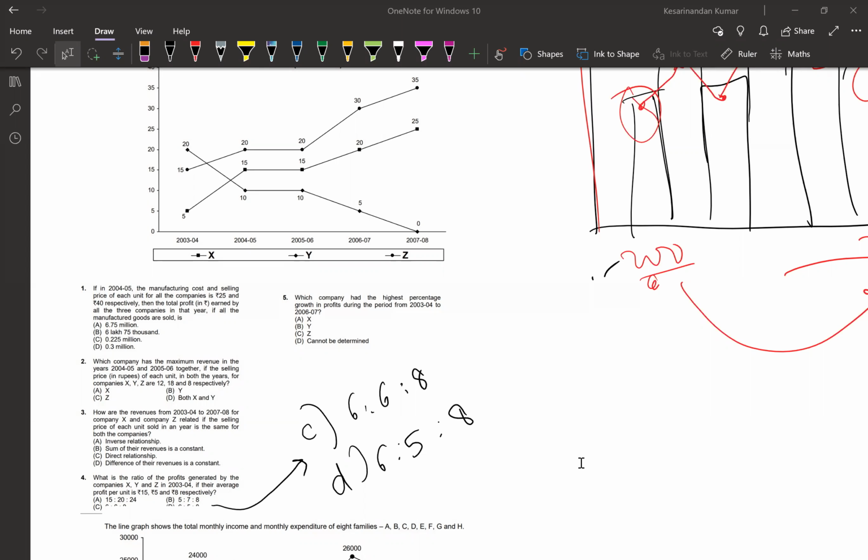If X is selling more, is Z selling more? Yes, exactly, indirectly, that's the thing. If I change the question to Y and Z, what will be your answer? Inverse relation. Indirect. Yes, indirect, inverse proportional.